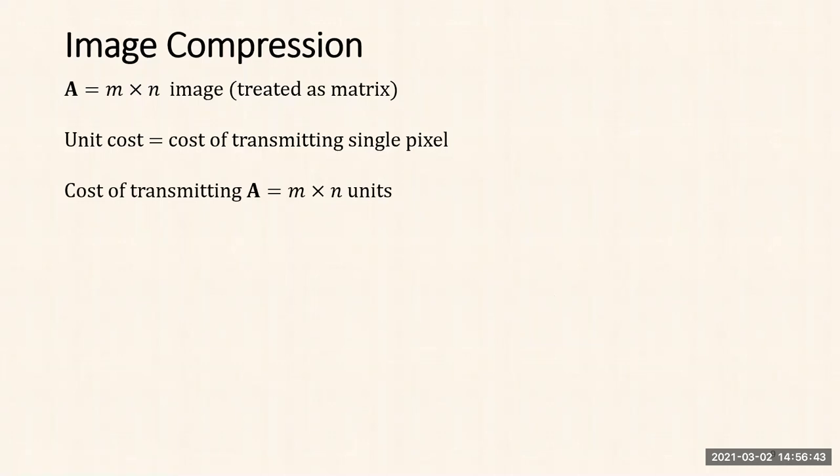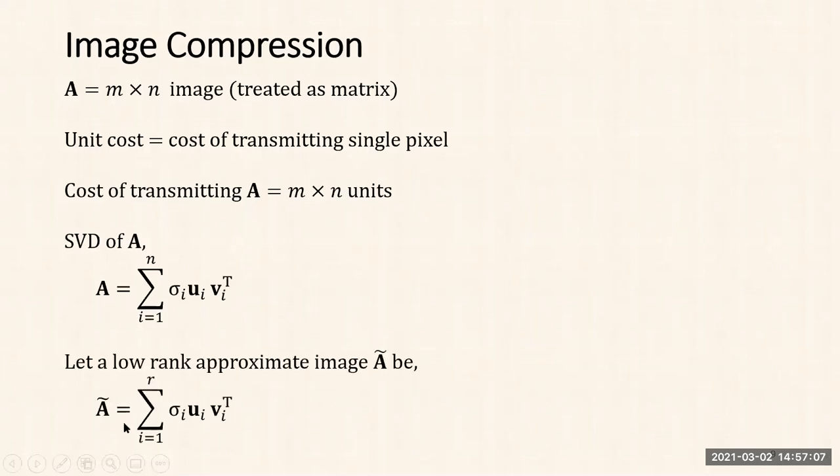Yes. Okay. Now, here is the SVD of A. A equals the summation, i equals 1 through n, of sigma i u_i v_i transpose. I do the SVD of this image A. And then I take a low rank approximation, i equals 1 through R of sigma i u_i v_i transpose.